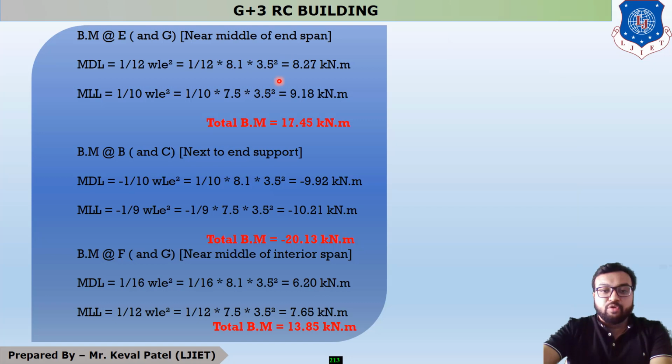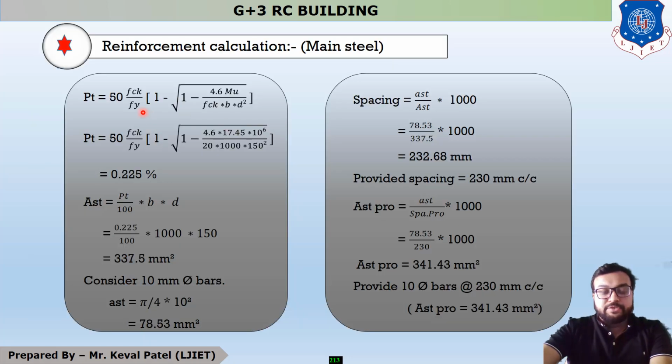Now what is the moment for E? The moment for E is 17.45 kilonewton meter. So the first step is to find out PT. Your equation of PT is 50 FCK by Fy times 1 minus under root 1 minus 4.6 Mu by FCK B D square.